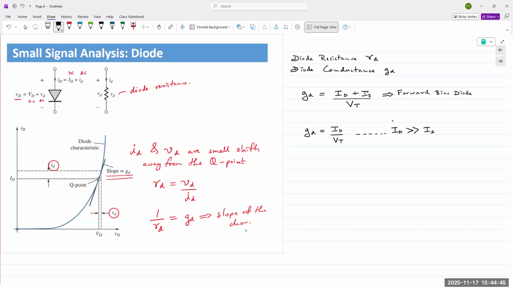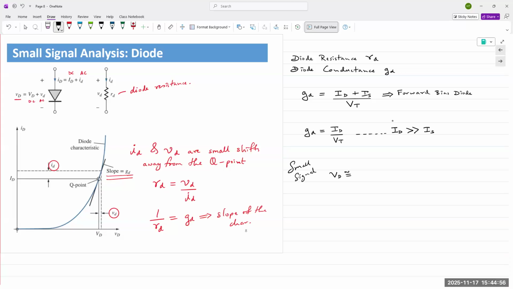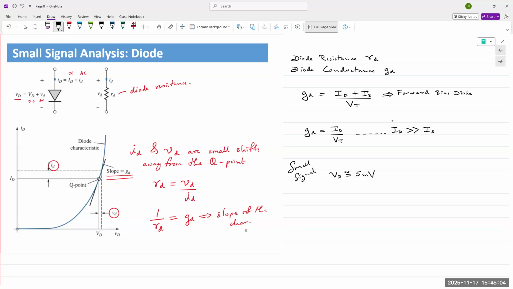To be considered small signal, diode voltage VD is approximately 5 millivolts. The whole point of doing small signal analysis is so we can consider that a nonlinear device is linear over a very small portion.